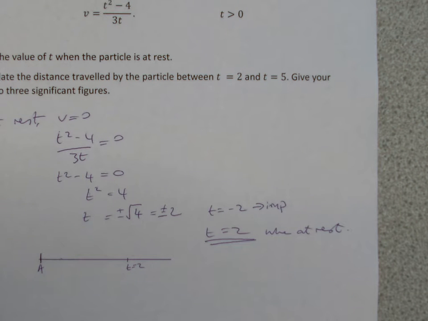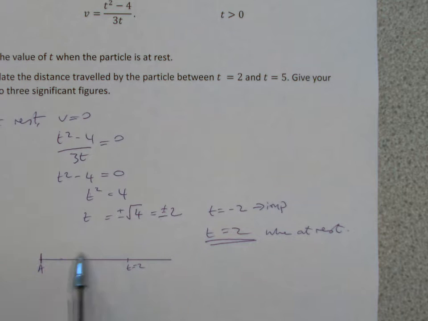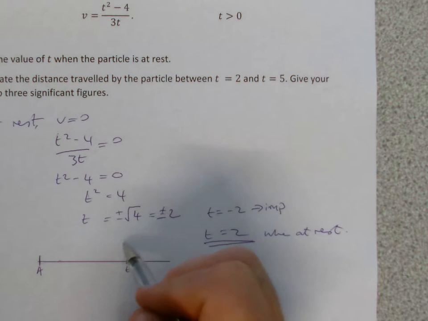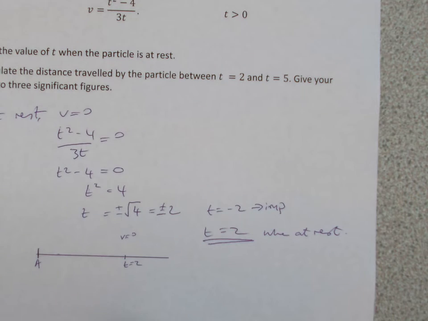You might wonder what happens after t equals 2. What often happens in these questions is that it slows down, comes to a stop, and then goes backwards. That can sometimes happen. It doesn't say in this question, and it doesn't really matter. The point is that at t equals 2, the velocity is 0, we've proved that.